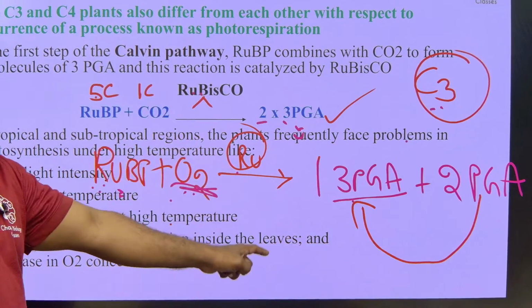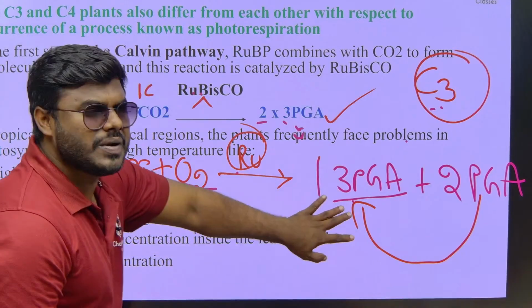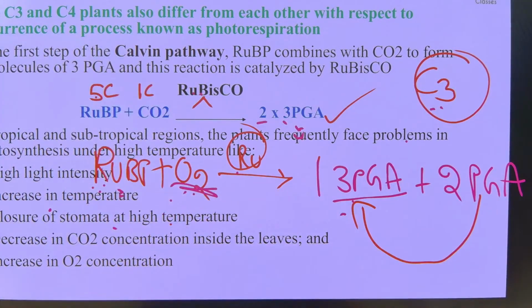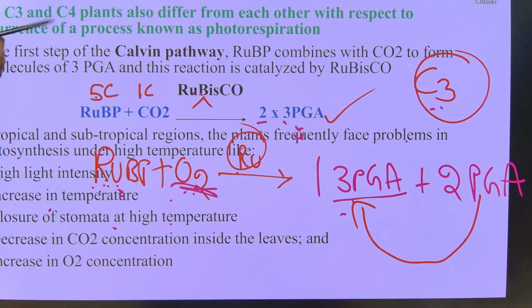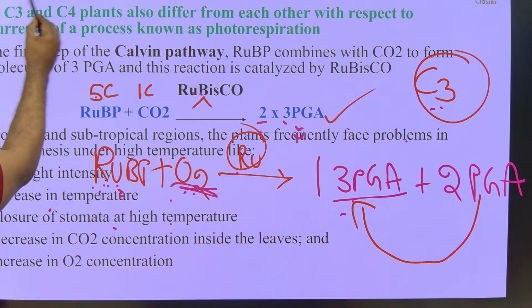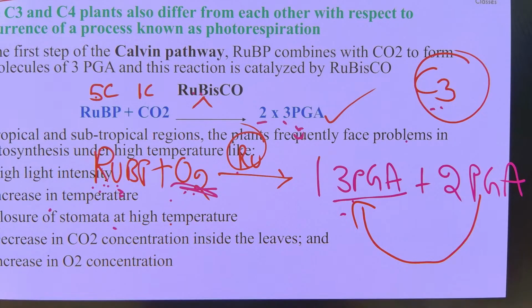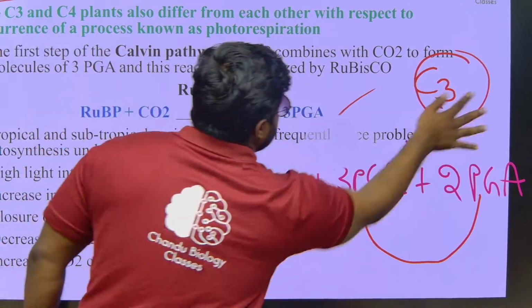Then only they continue the Calvin cycle. But this is not that easy a process. Let's try to understand. Whenever Rubisco fixes oxygen instead of carbon dioxide, that process is called photorespiration.